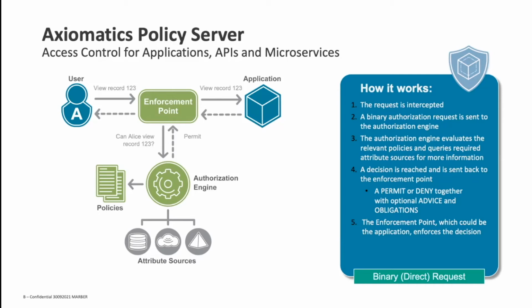Now the application, instead of doing all this extra authorization work, just posts a question to the endpoint on our authorization service. It gathers up what it knows, in this case the user's identity, Alice, the record they're trying to view, 123, and of course what they're trying to do to it. Are they trying to view it, edit it, delete it, update it, etc.